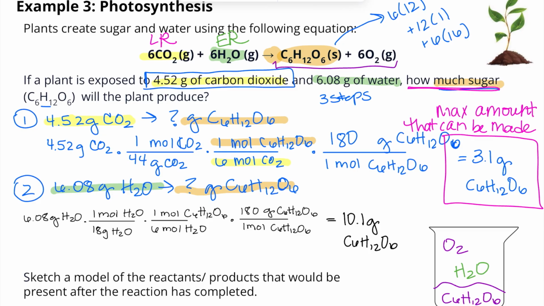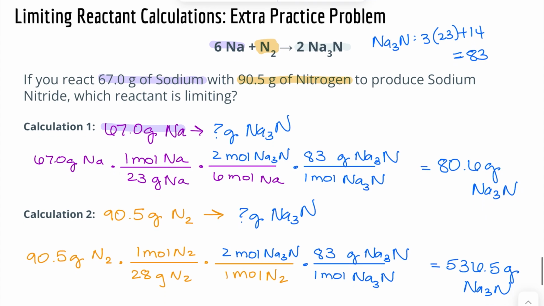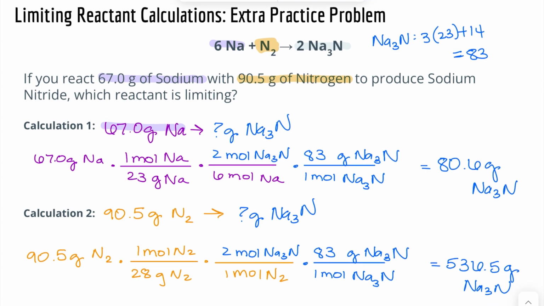All right, there is one extra practice problem here. Feel free to give this a try on your own and then come back and check your answers. I went through and did my calculations, but now I need to still go through and answer my question. Which is my limiting reactant? Well, my 67 grams of sodium made 80.6 grams of sodium nitride.